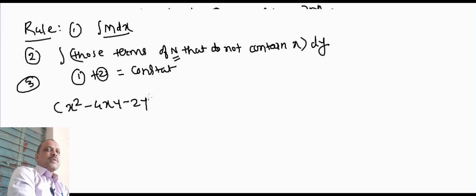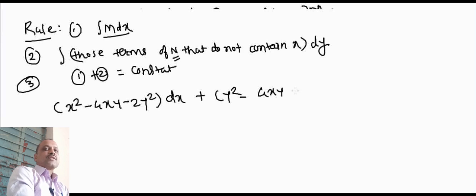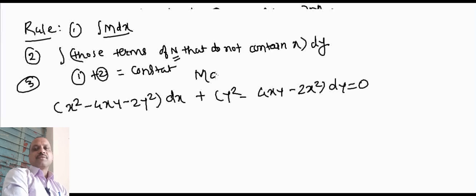x square minus 4xy minus 2y square, dx, plus y square minus 4xy minus 2x square, into dy, equal to 0.